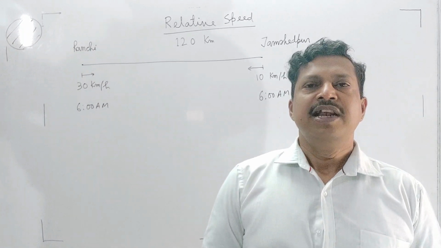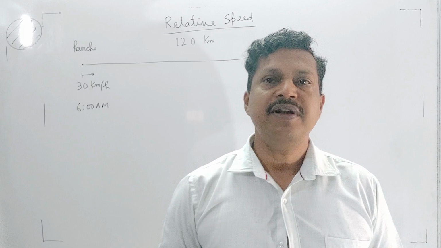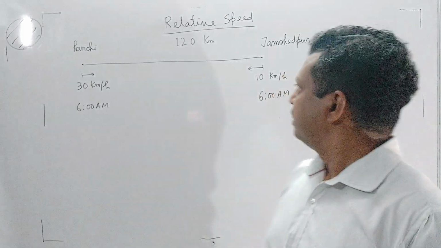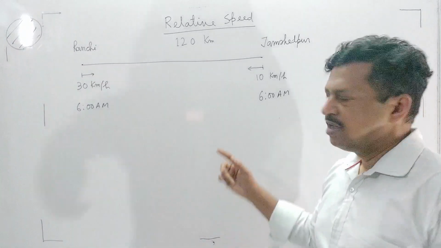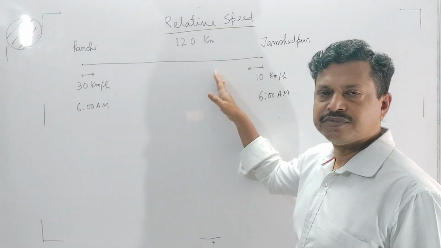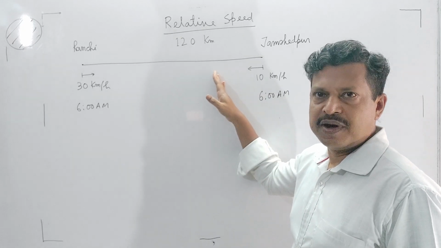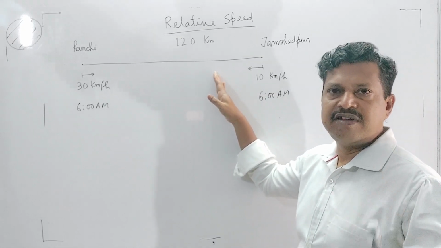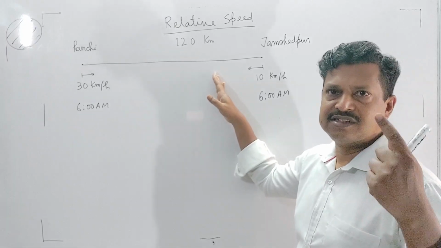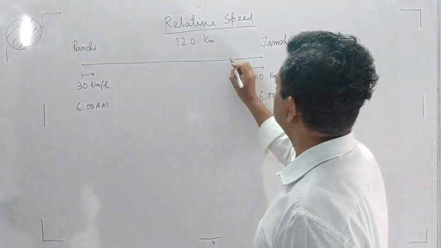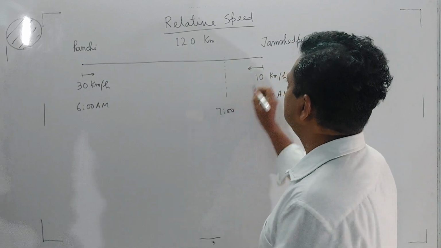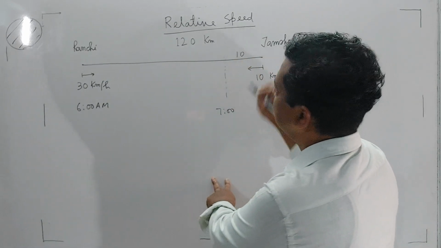All right. Now let us understand what will happen after 1 hour. So after 1 hour, that means at 7 am, this person will travel towards this at the rate of 10 km per hour, so it has traveled 10 km.